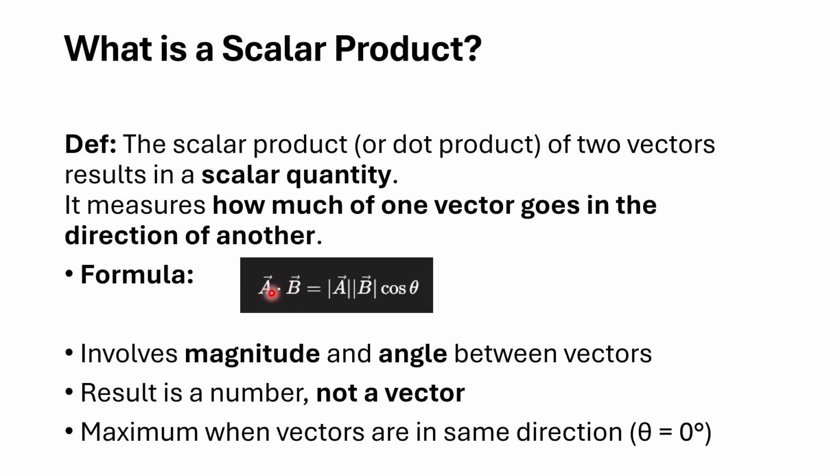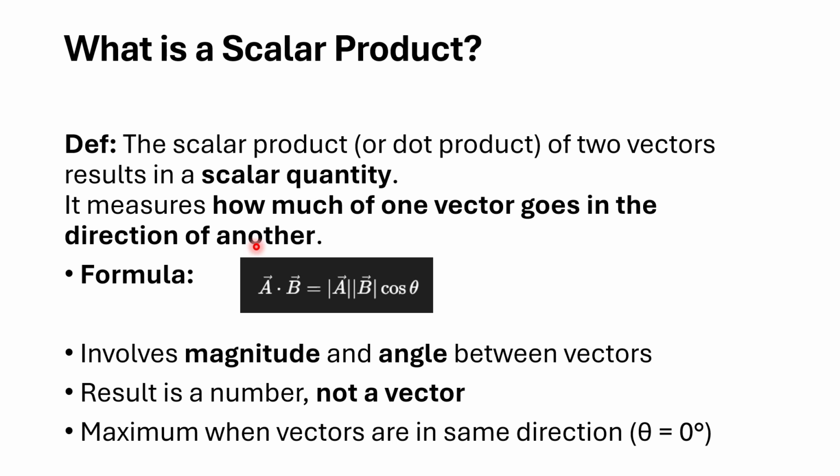The result of the dot product will be the magnitude of A, times the magnitude of B, along with the angle between them, denoted with the cos. So it measures how much one vector goes in the direction of another.